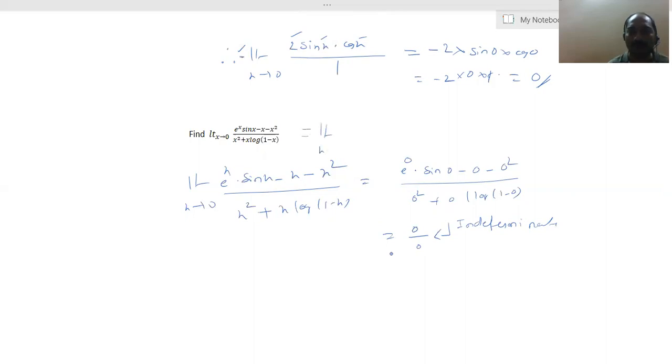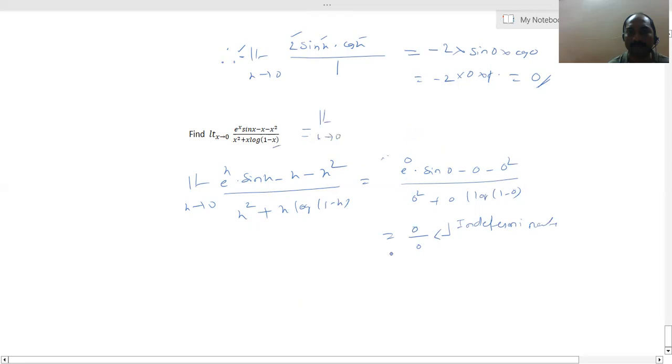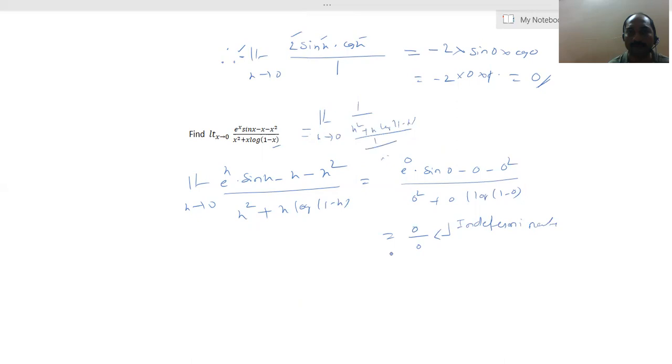This problem can also be converted into infinity by infinity form. The expression is written as 1 by x square plus x times log of 1 minus x, over 1 by e power x into sin x minus x square. Substituting, we get 1 by 0, infinity.